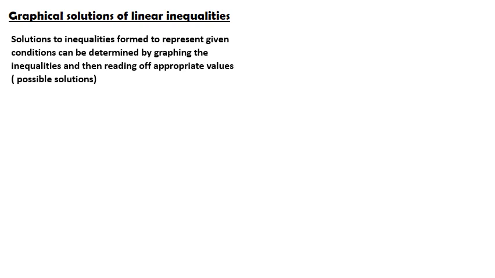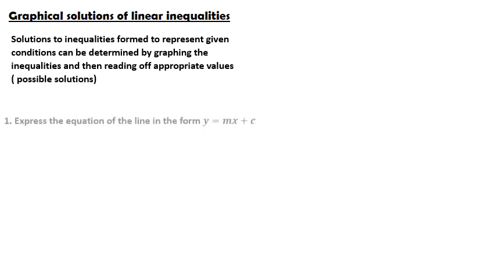Those appropriate values are typically called the possible solutions of the inequalities. So there are certain tips that we need to understand on how we can graph given inequalities on a piece of paper or maybe on a Cartesian plane.